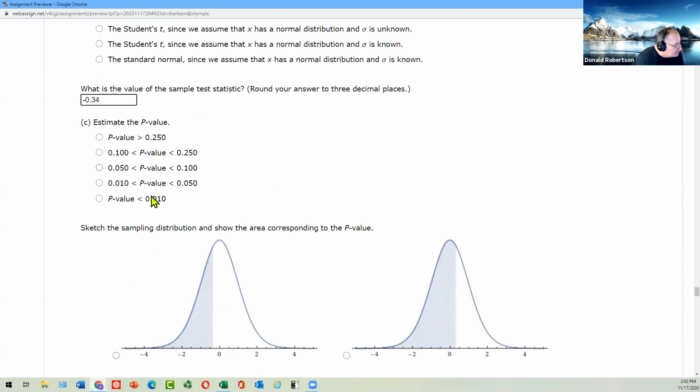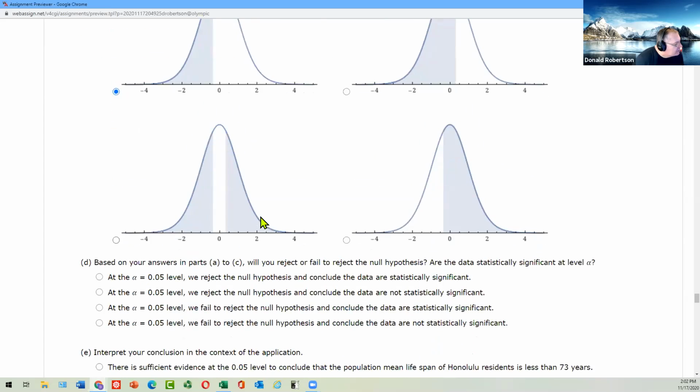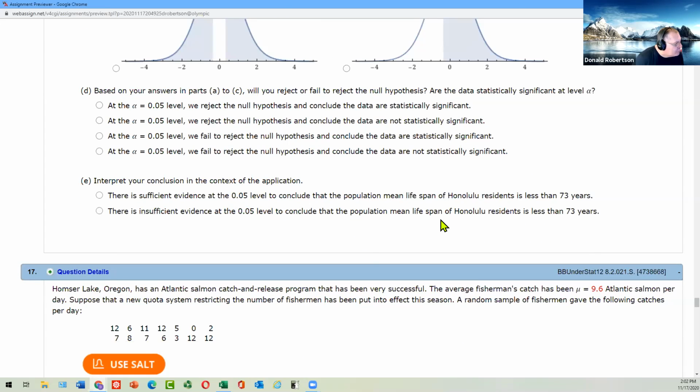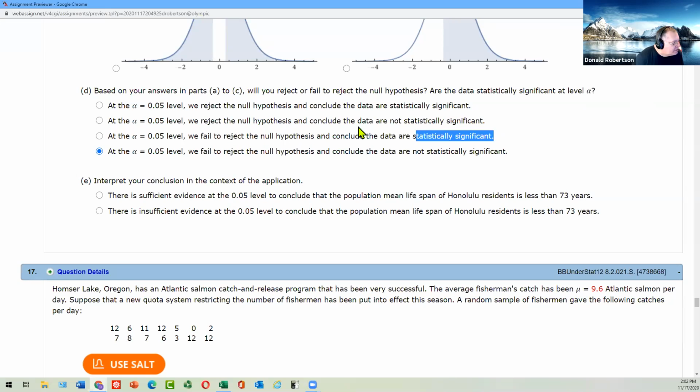And one of these guys is a 0.366, and it's a less than 0.366, so I'm assuming it's that one. And that is not statistically significant. And when it's not, you always pick the 'we fail to reject' choice rather than the reject choice, which is the 'not sufficient evidence' one.